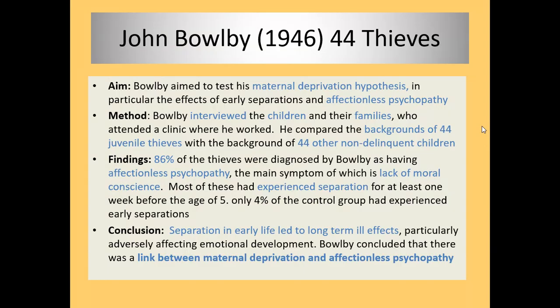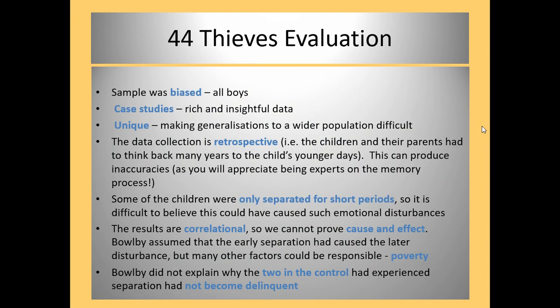Some more information on the same study. In terms of evaluating Bowlby's 44 Thieves study, there is gender bias: the sample is all boys. It's case studies, so you could argue that you get lots of qualitative data, but it lacks population validity. You can't generalize it beyond the group it was done on.